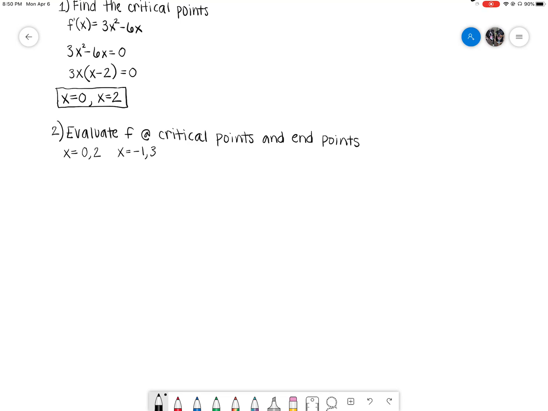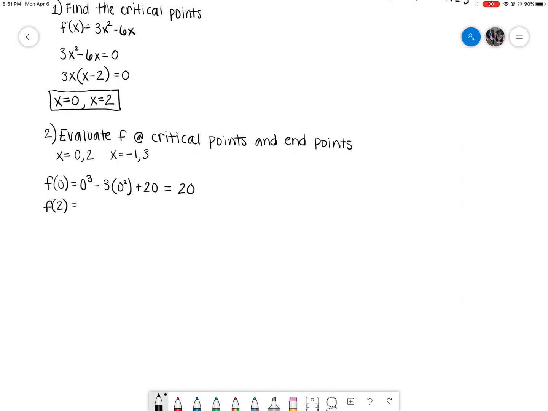So let's evaluate. F of 0 is 0 cubed minus 3 times 0 squared plus 20. That gives us 20. F of 2 is 2 cubed minus 3 times 2 squared plus 20.